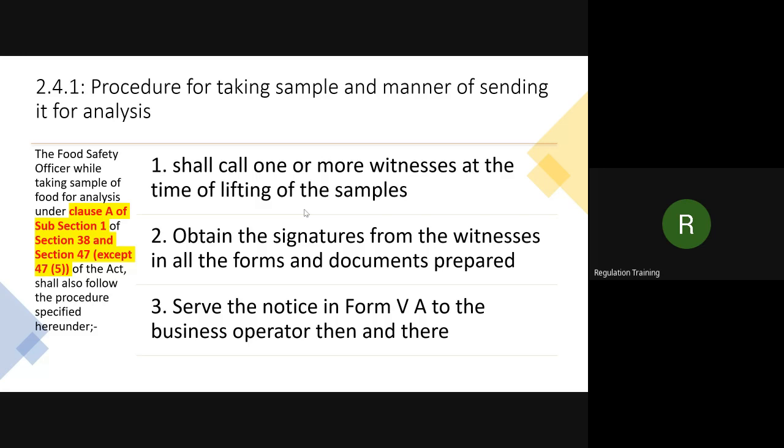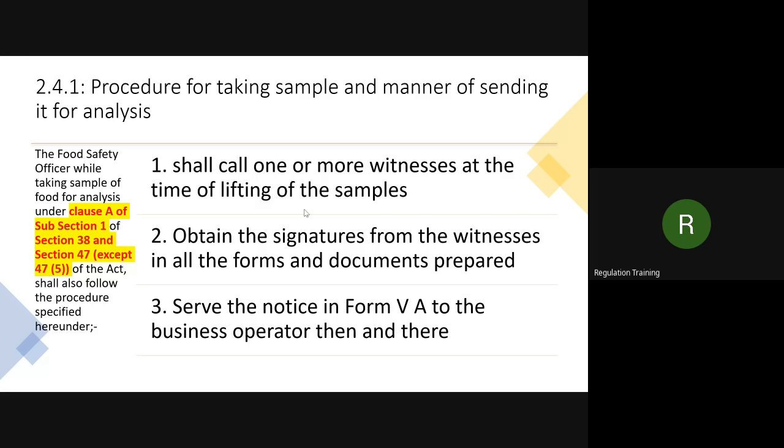Then this is an important question. Immediately a notice will be given to the food business operator. That means the food safety officer is in your premises and will serve you a notice. The notice is a form in which they have written all the information, and immediately after completion of the sampling process, that duly signed paper is given to you.